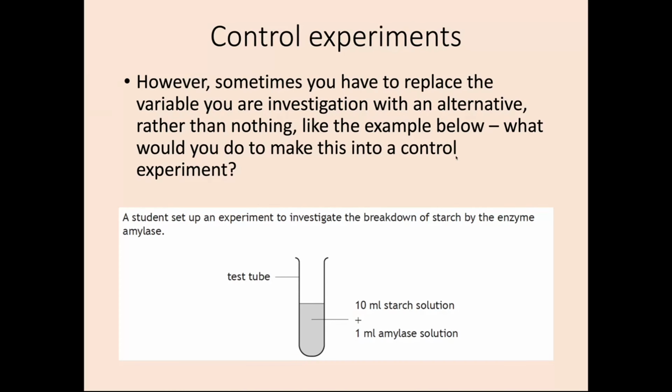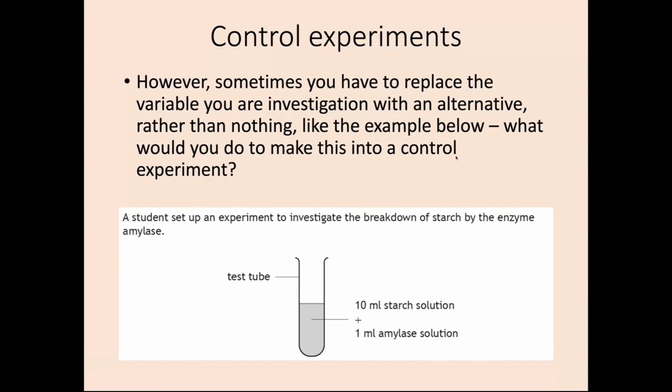So if we were wanting to investigate amylase's ability to break down the starch, then that would be the thing that we would replace or remove from the experiment. Now, normally, if we want the absence of the factor we're investigating, so the absence of amylase, that's fine.